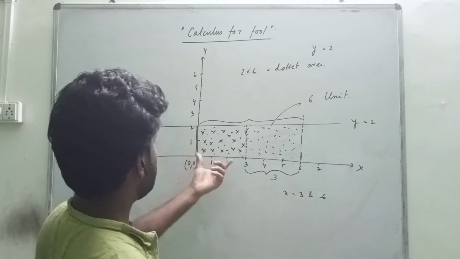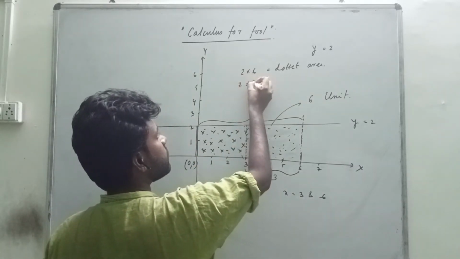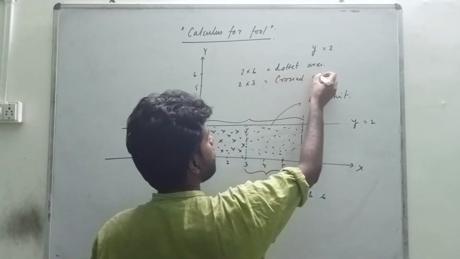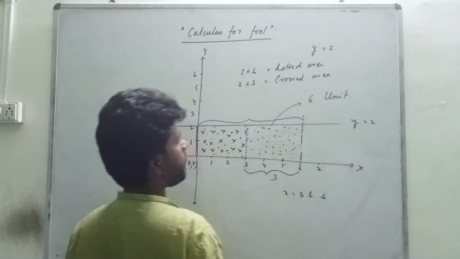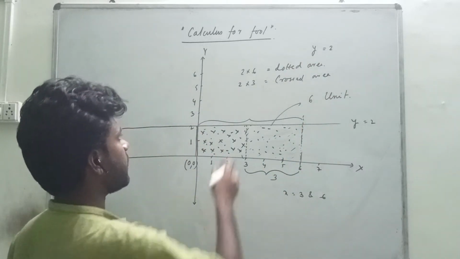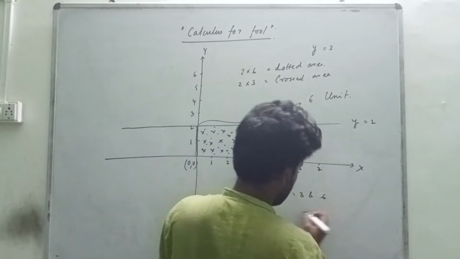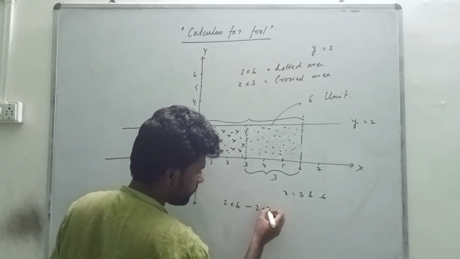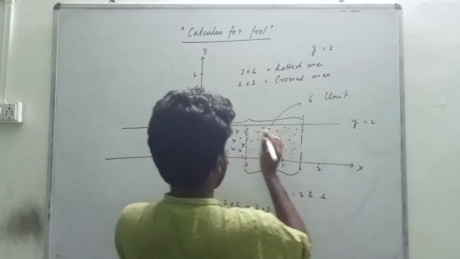and this 2 into 3 here is the crossed area. And if you subtract 2 into 3 from 2 into 6, that means it is 6, right?